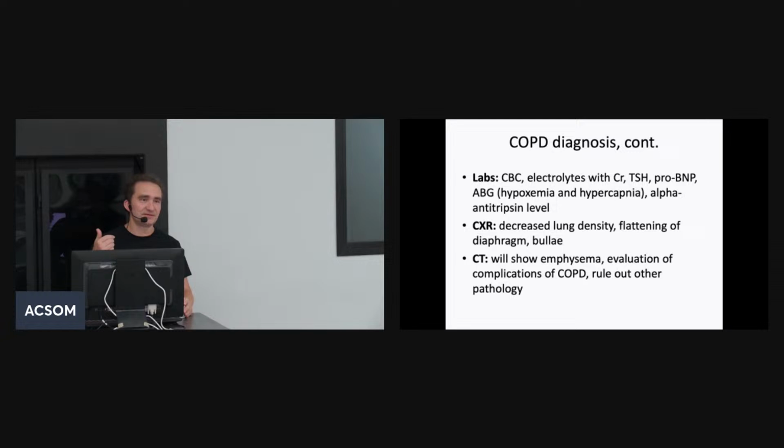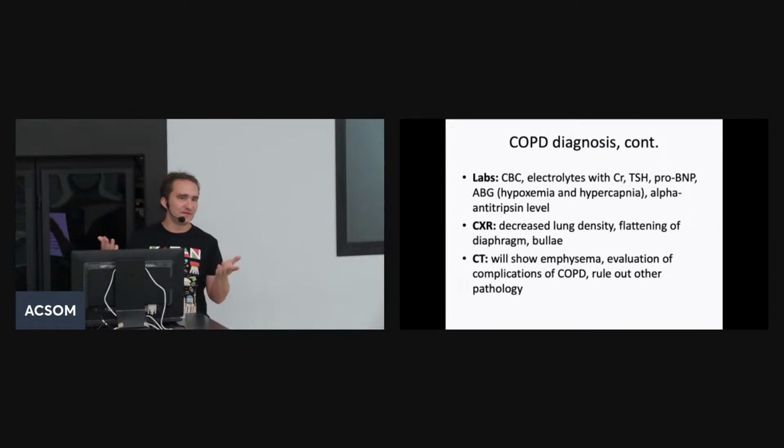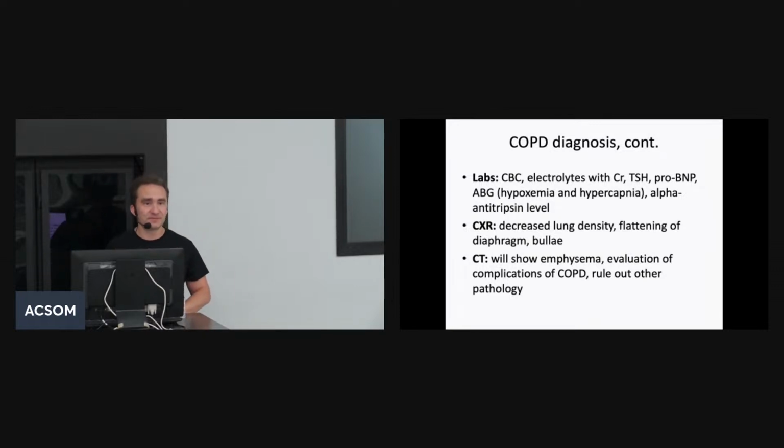But it may be higher because the response to hypoxia will be producing more red blood cells. But if it's really out of proportion high, you need to rule out other possibilities like primary polycythemia, for example. Some degree of hypoxia will stimulate red blood cell production. That's your body's adjustment.